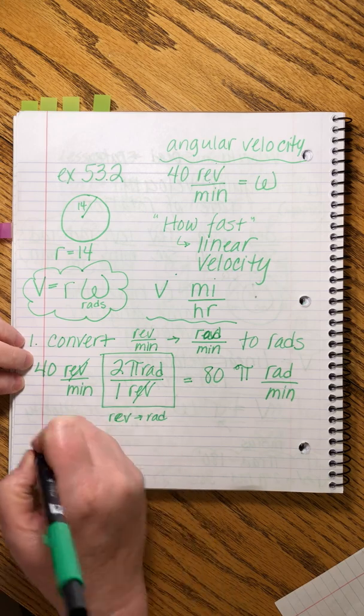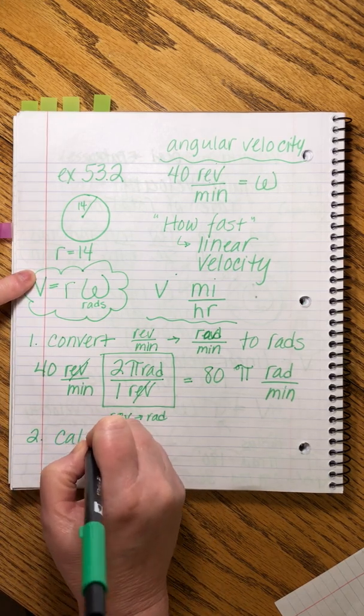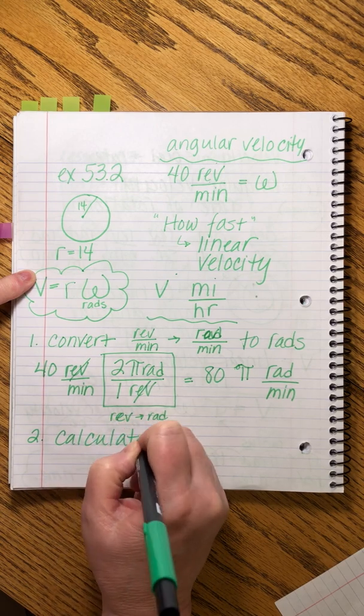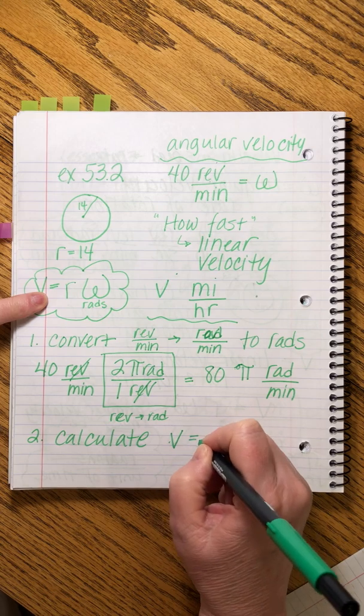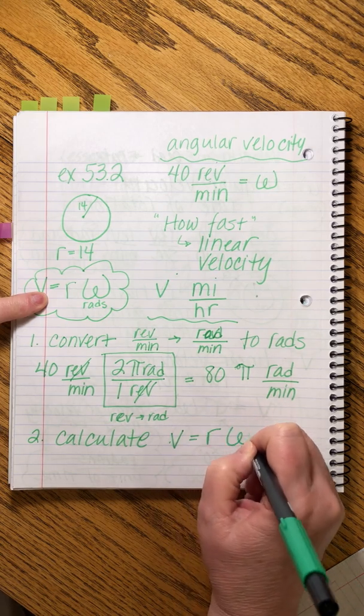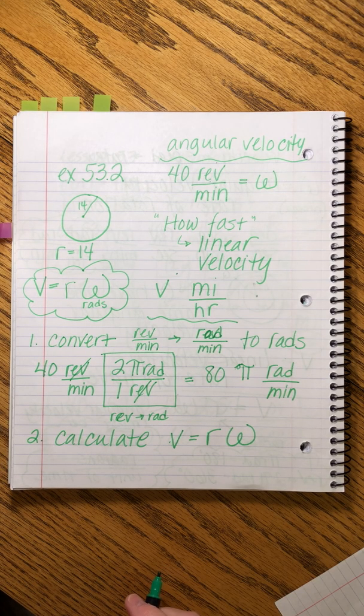Now we're going to actually calculate the linear velocity, the speed, which will be equal to the radius times the angular velocity. This isn't too terrible in the first step.